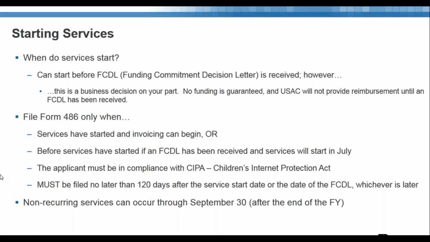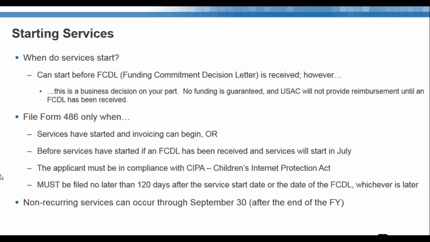File Form 486, which is the form that says services have started, only when services have started and invoicing can begin, or before those services have started, if you received an FCDL and those services are going to start in July. The applicant, the school, must be in compliance with the Children's Internet Protection Act, which is basically an internet protection policy at the school district that helps with blocking content and things like that.